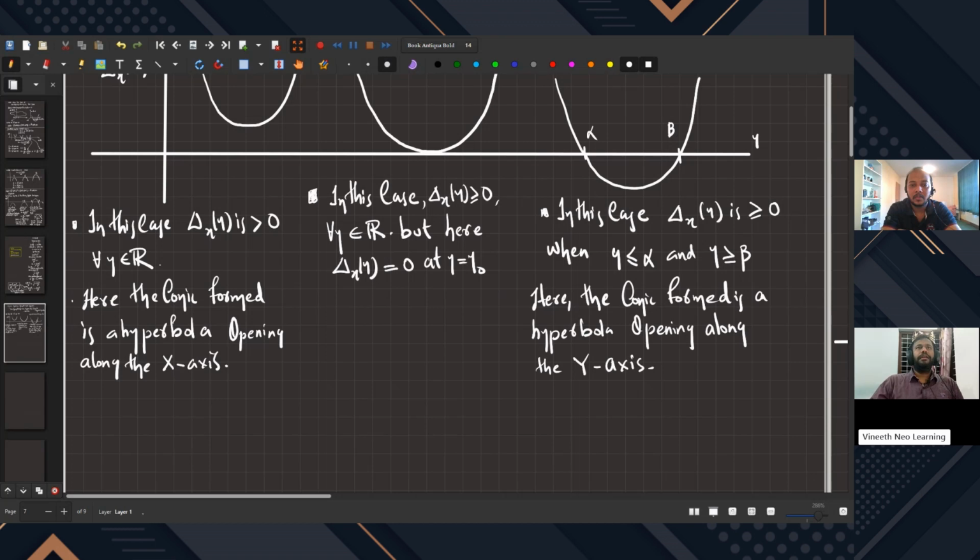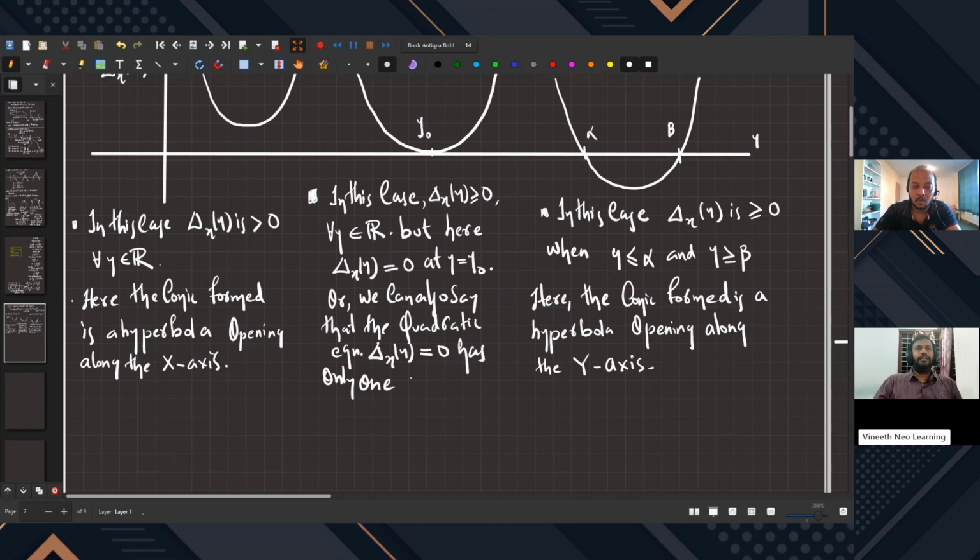You can also say that the quadratic equation delta x of y equal to 0 has only one root, one solution. And that solution we name as y0.